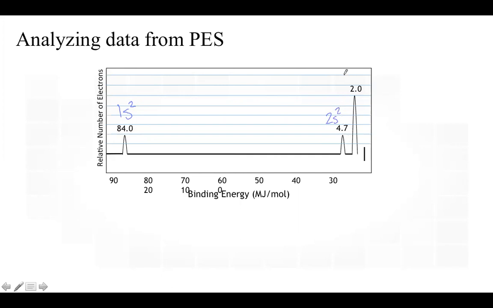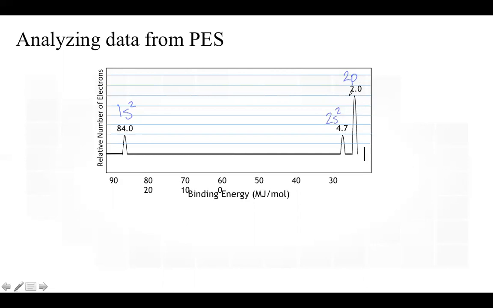So our next sublevel is going to be a 2p. Now, from here, we don't have any peaks after this, so we can't automatically assume that it's 2p6, that this is full. Instead, we'll have to compare the heights of the previous peaks that we knew were filled to the height of this last peak.